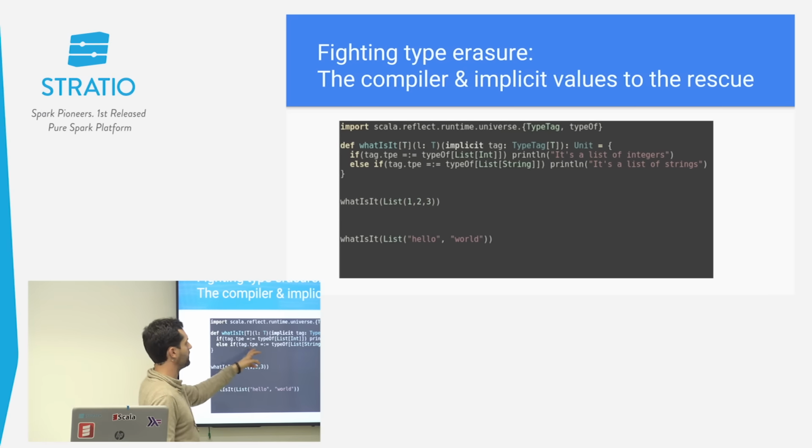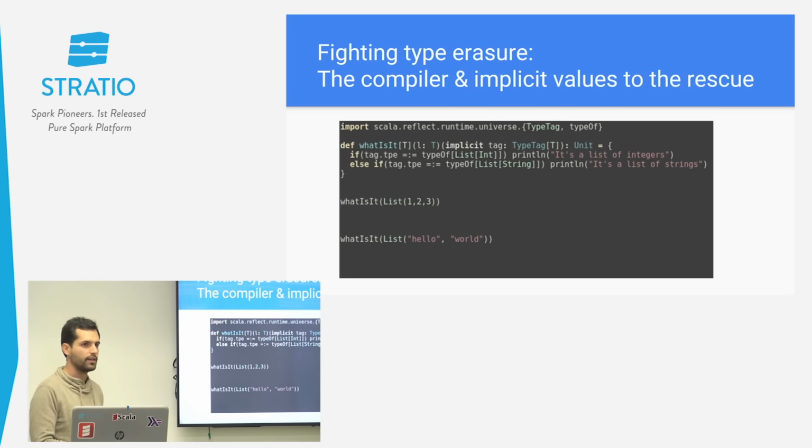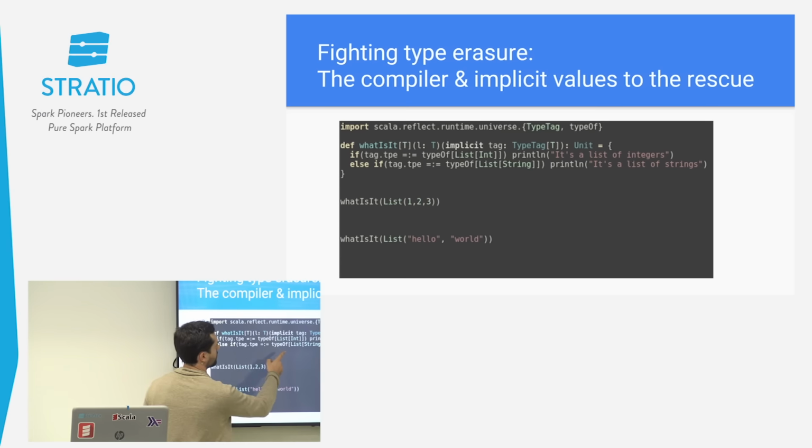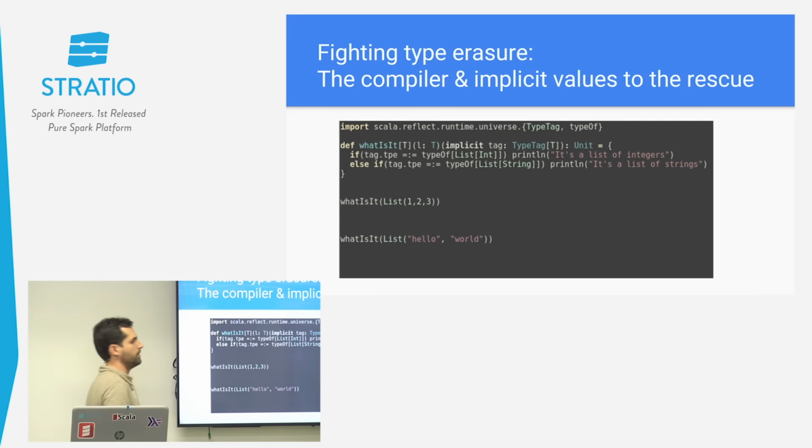Is the type of the value we have received a list of int? And this time it wouldn't be confused, because type erasure gets absolutely overridden by the fact that we have runtime evidence of the type. And that's an application of implicits.